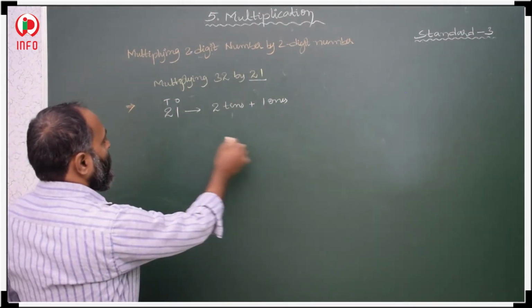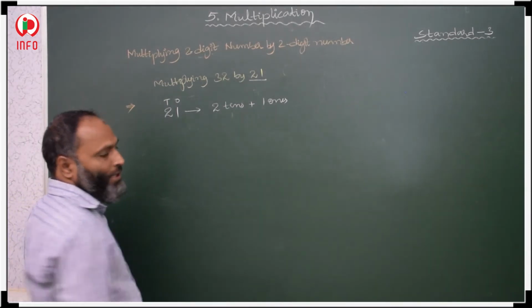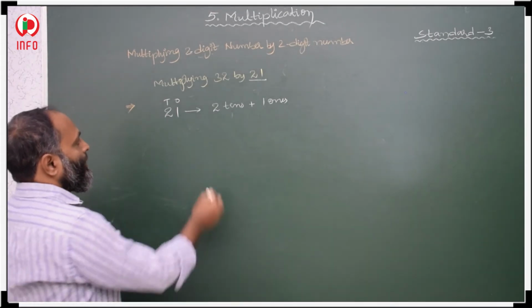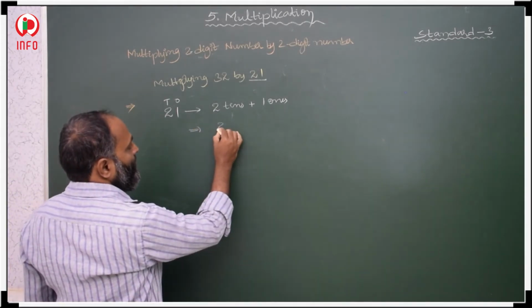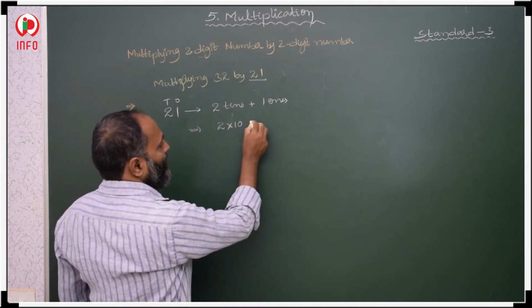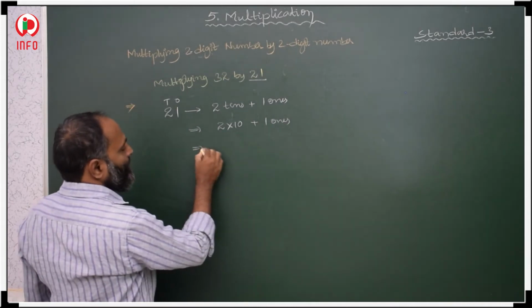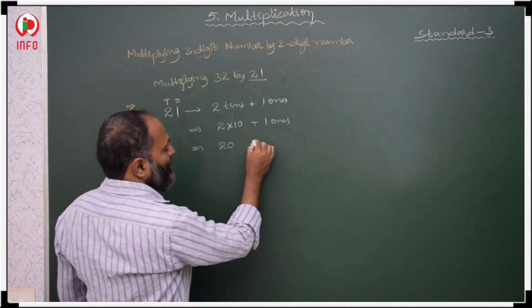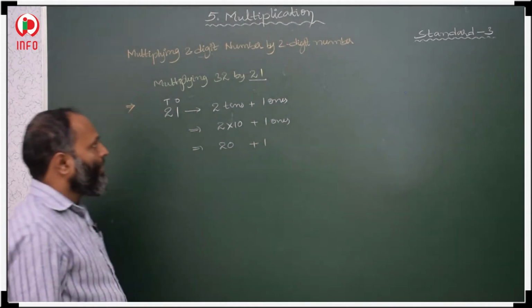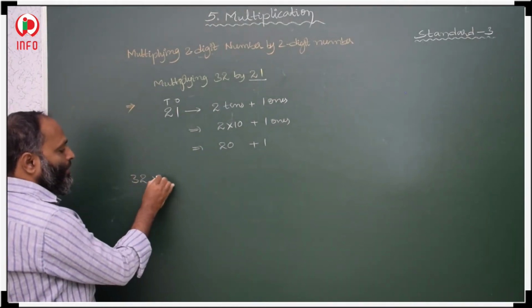Now 2 tens is nothing but 20. 2 tens is 2 into 10, which is 20, plus 1 ones. So 21 is 20 plus 1. Now we have to multiply 32 with 21.